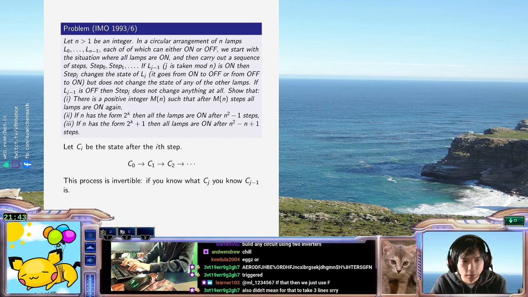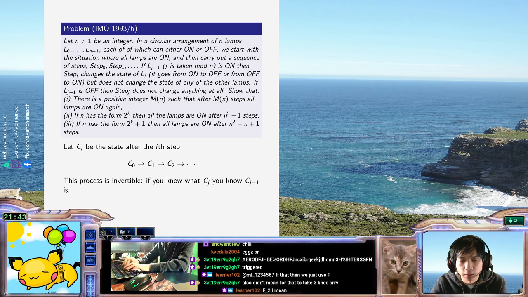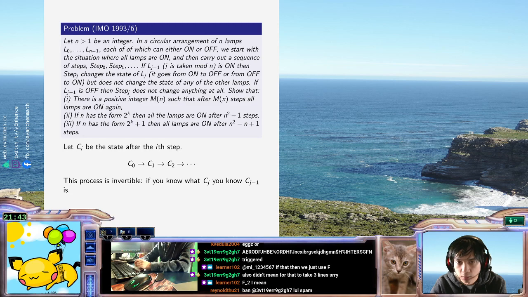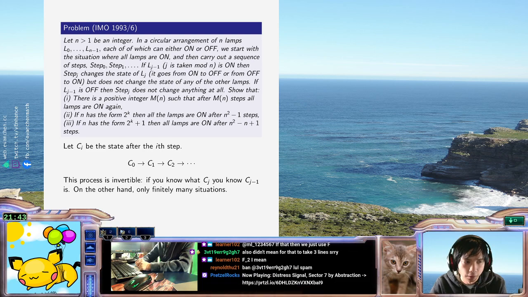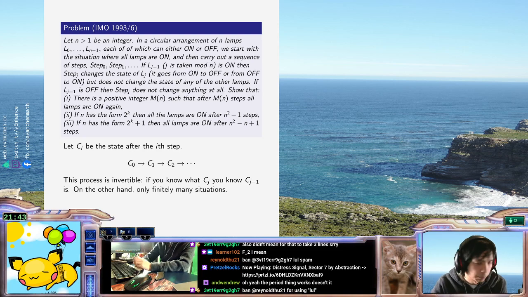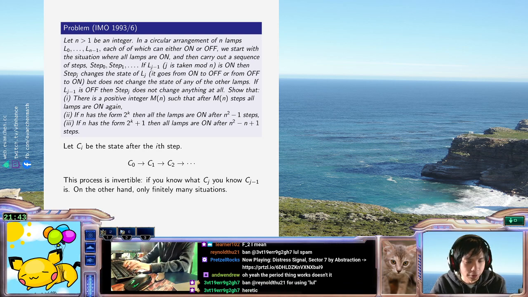On the other hand, there are only finitely many situations. Interestingly, the all off position is a fixed point, and I guess that means you can never get to the all off thing. But because there are only finitely many situations, eventually two positions coincide.